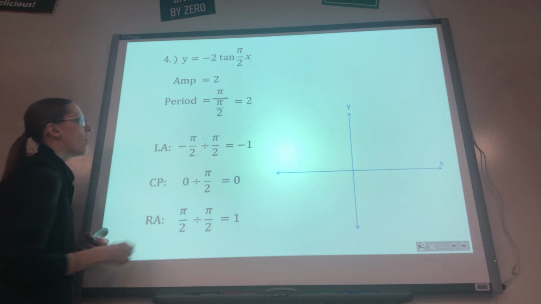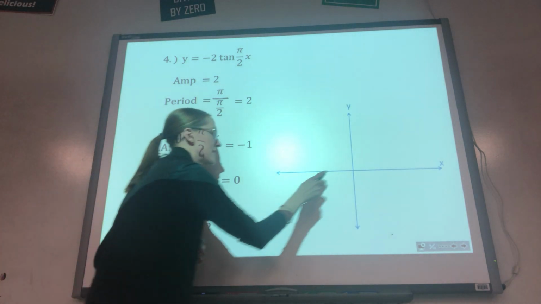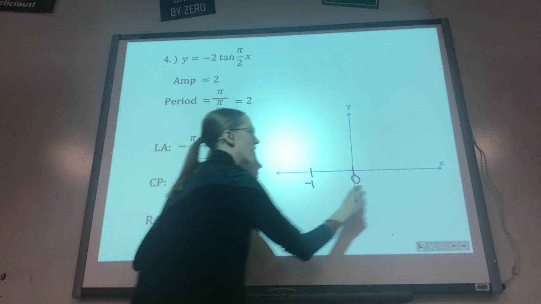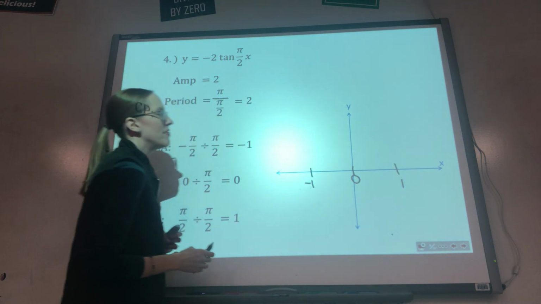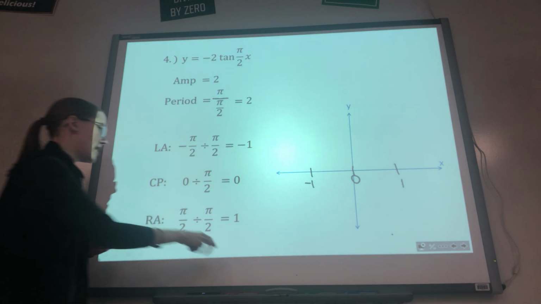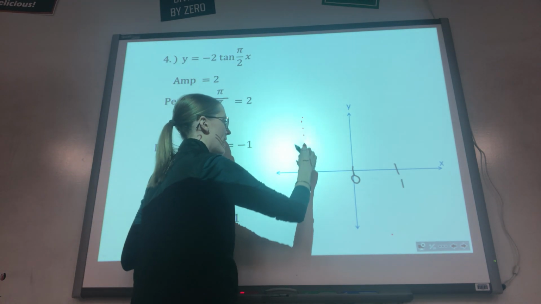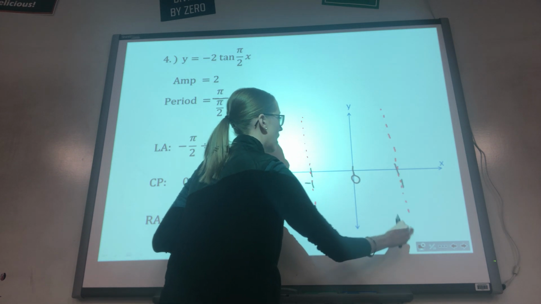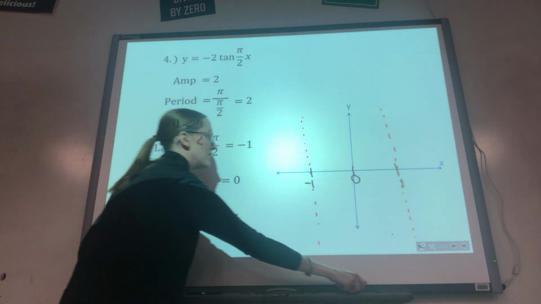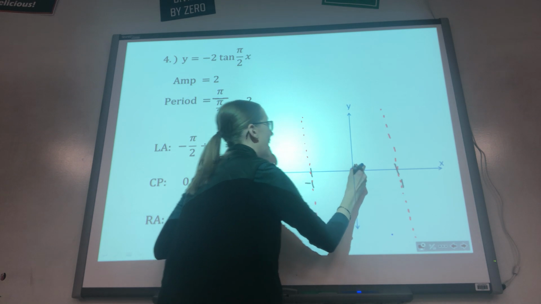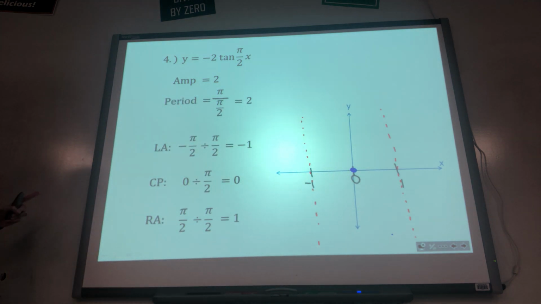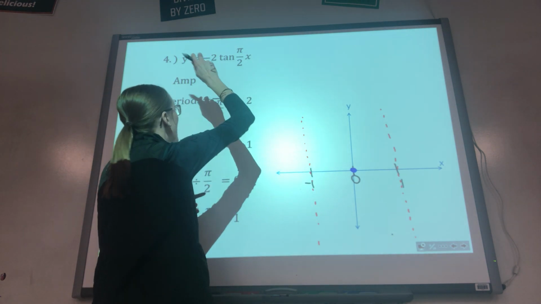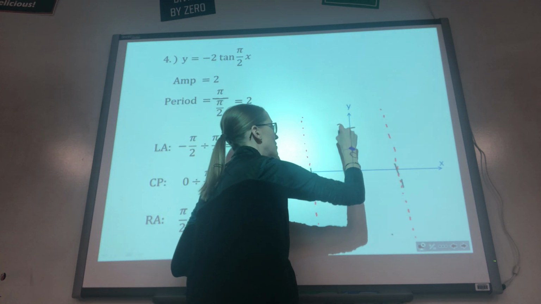Very good. Now I just need to get these on my x-axis. I'll call that -1 and that +1. So can't cross right here, can't cross right there. It is a tangent graph, but it's been flipped. Now I should probably put my amplitude up here.